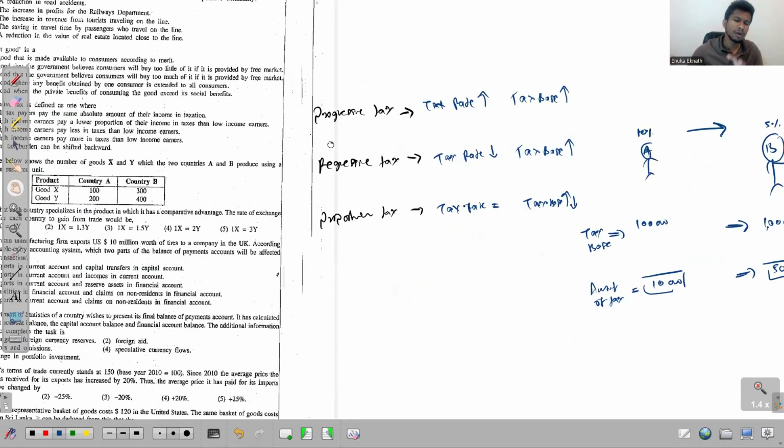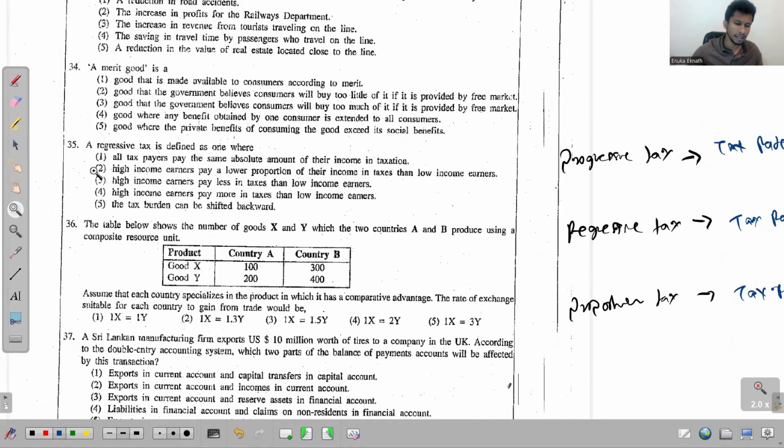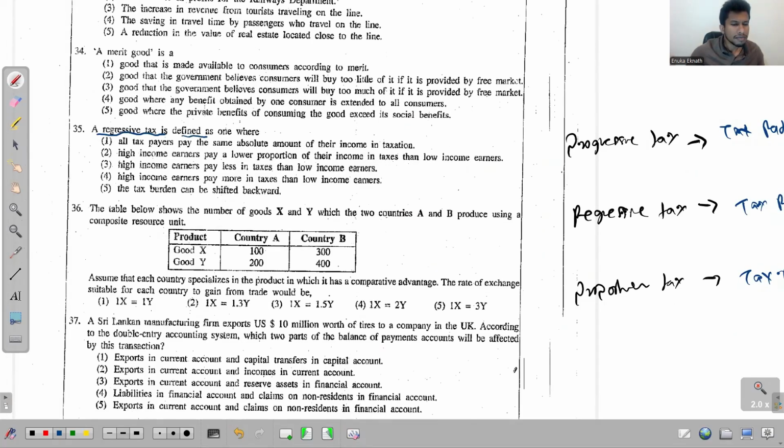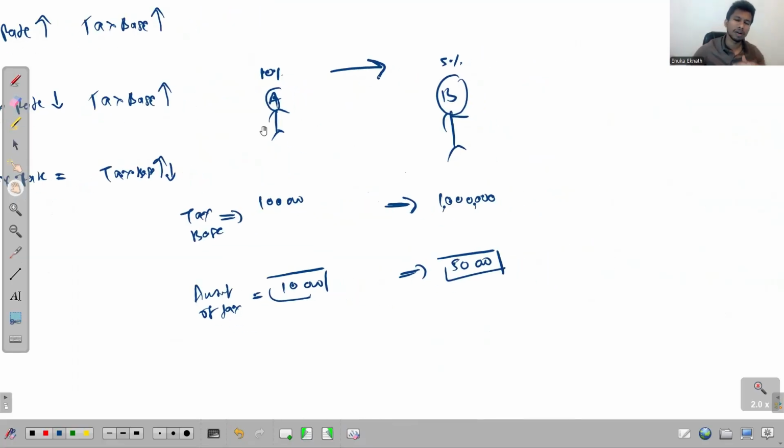Right. Now, keeping all these things in mind, we will go to this question number 35 and we'll read this. A regressive tax is defined as one where all taxpayers pay the same absolute amount of their income in taxation. මෙහෙමයි mathematics ඒ කියන්නේ numbers නිසා මේක මෙහෙම වෙන්න පුළුවන්. දැන් මම ගත්ත example එක එහෙම වෙන්නේ නැහැ. මම ගත්තේ මොකද්ද? 100,000 and 1 million.